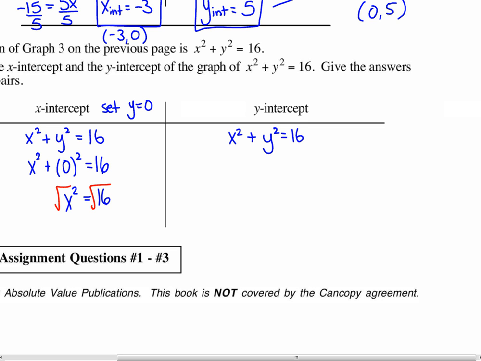When you square root both sides, this wasn't an issue before, because when we had problems where we were square rooting both sides, it usually was in measurement, and we were solving for things like radius or a side when we had an area. Can you have a negative radius, or a negative side length? No, you can't.